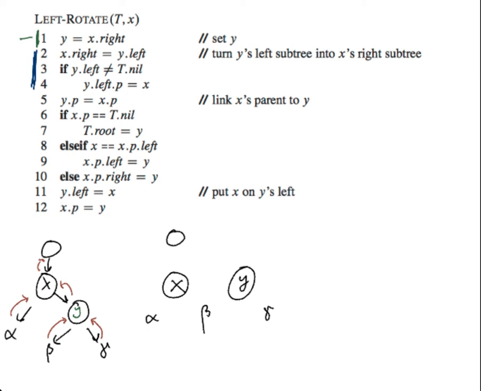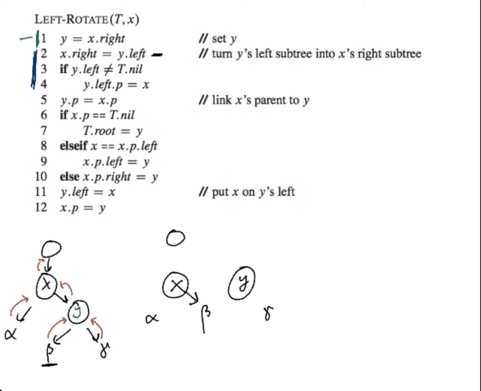So x.right equals y.left. So y.left is beta. If you come back to the original tree, we can see that the left child of y is beta. And we're going to take that and assign x's right child to it.